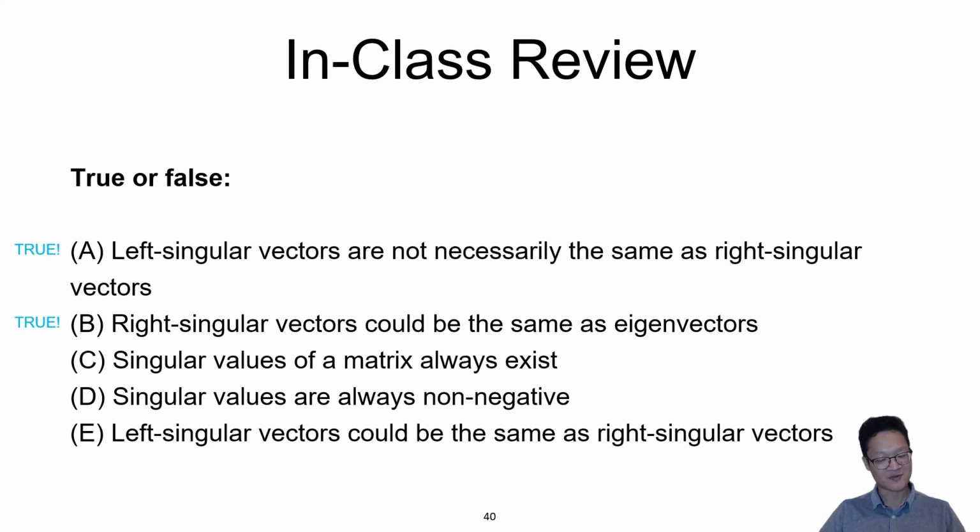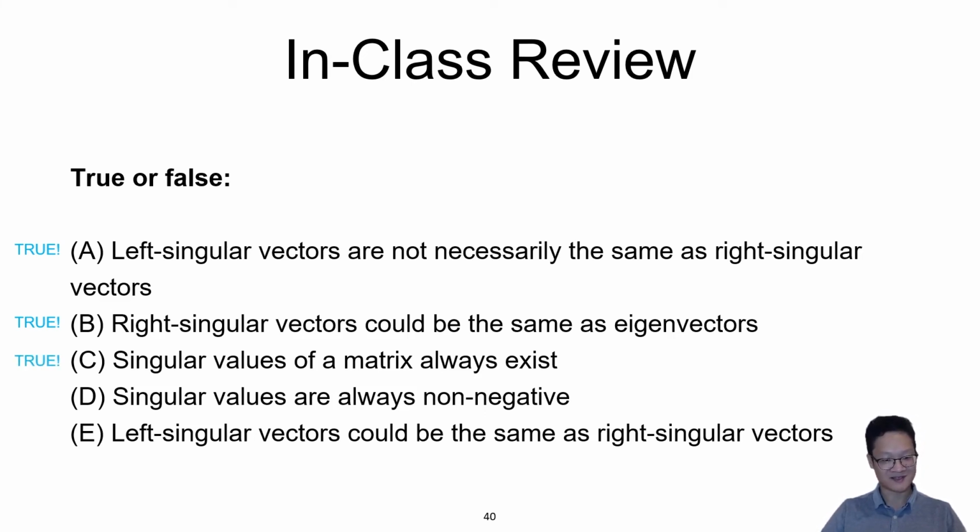Okay, singular values of the matrix always exist. Right, so that's always true. We can always take the SVD of any matrix, and then the middle sigma matrix will have all of the singular values. They're all non-negative, and they could all be zero as well if your matrix is a zero matrix. But in general, you will have some non-zero diagonal elements.